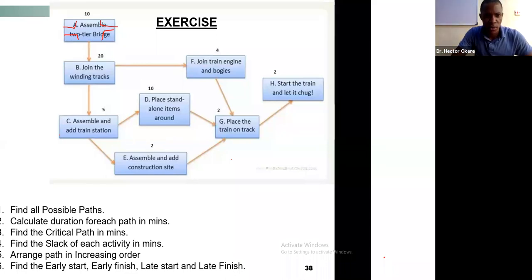Group 1. What's the answer for question number 1?